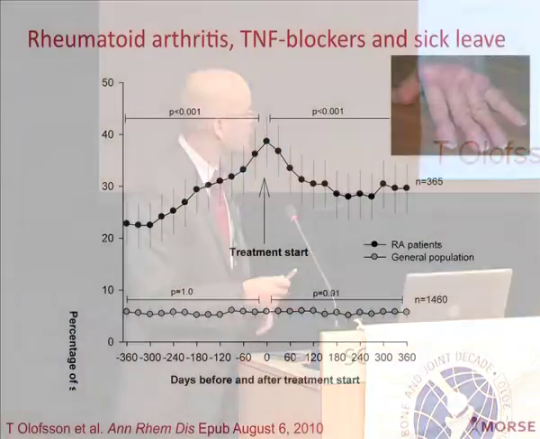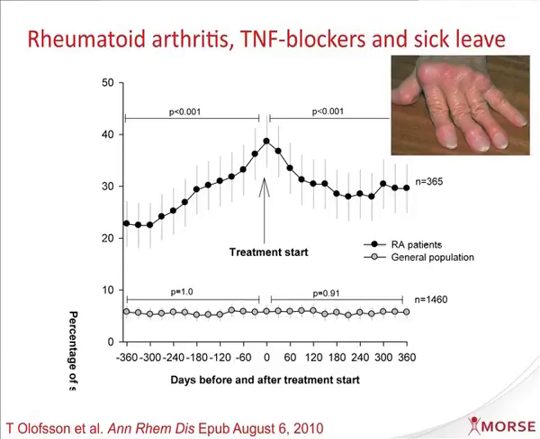And we have cross-linked that with data from the National Insurance Agency to see how sick leave is affected. So this is entirely population-based data. It's not a randomized controlled trial or selection, but this is what happens when you introduce this drug in society, at least in the southern part of Sweden.